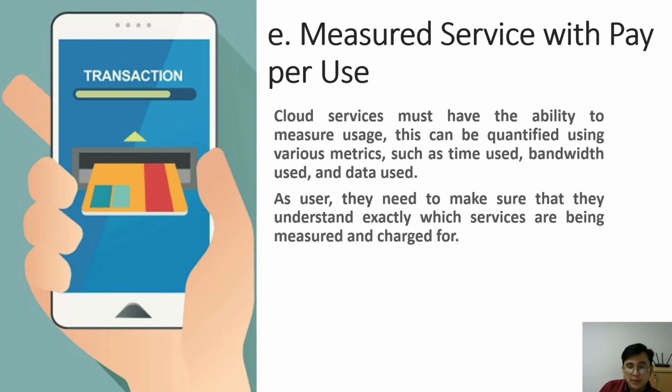For example, a basic example: when we are using our mobile internet connection, it should be able to measure how much we use and how much we have to pay. And this is a must, because this is where we get our money when we are implementing cloud technology as a business.